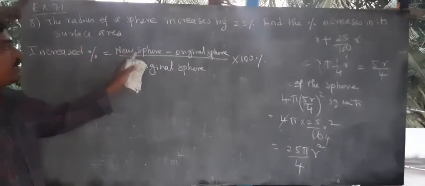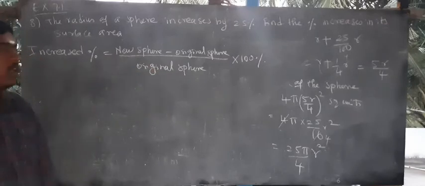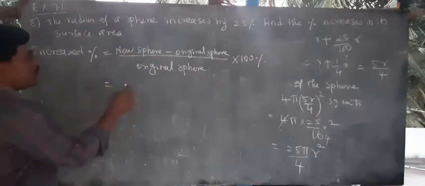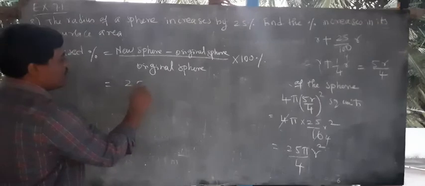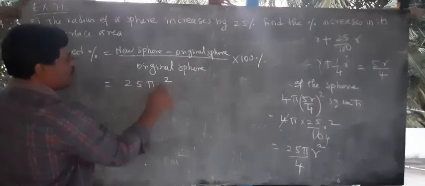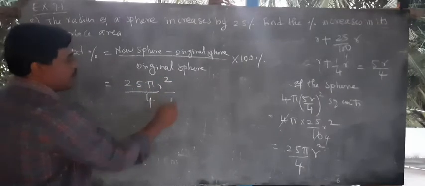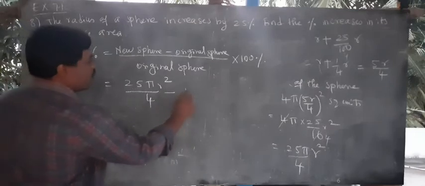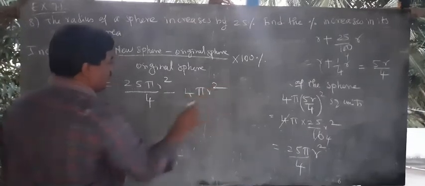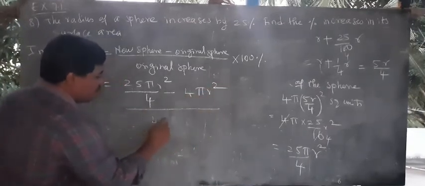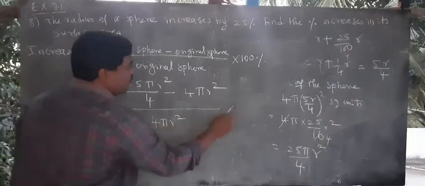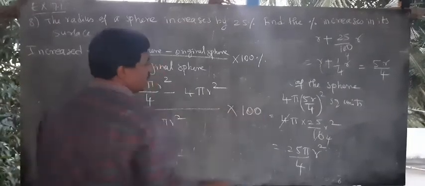So this equals new, which is 25 pi r square by 4, minus original, which is 4 pi r square, divided by 4 pi r square, into 100.